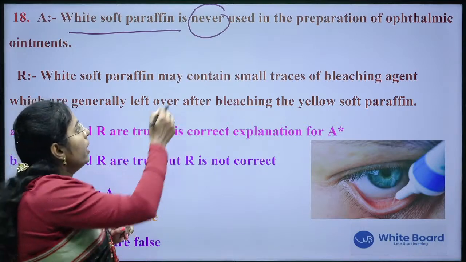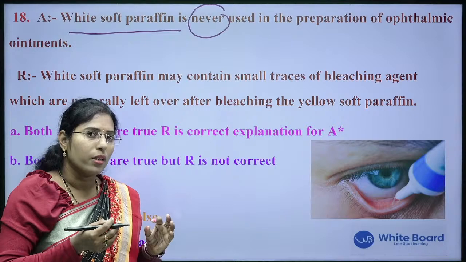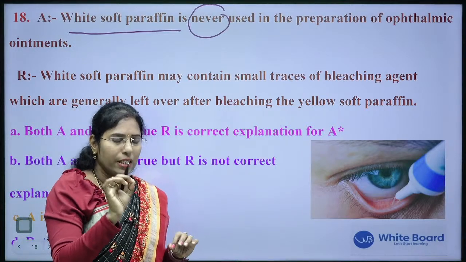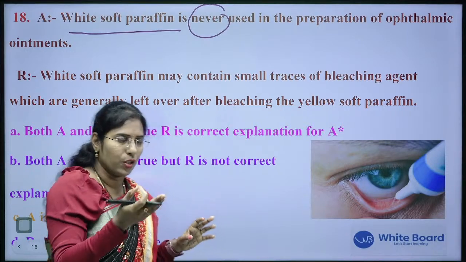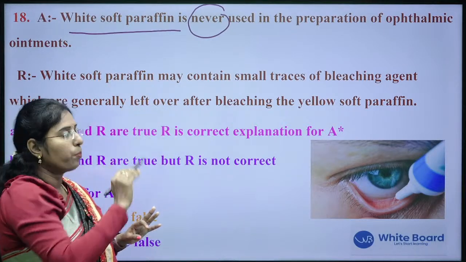It is never used in the preparation of ophthalmic ointments. Why are we not using it? Because a small amount of bleaching agent will be present in the white paraffin, which may cause eye irritation. Because of that, we will not use this in ophthalmic preparations.